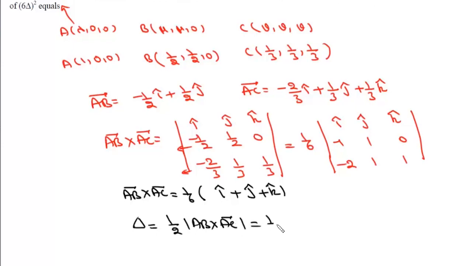Now it will be 1 by 2 and then 1 by 6 into mod of i plus j plus k, which is simply root 3. Now if we square it, we can write 6 delta whole square will be equal to 3 by 4, which is 0.75.